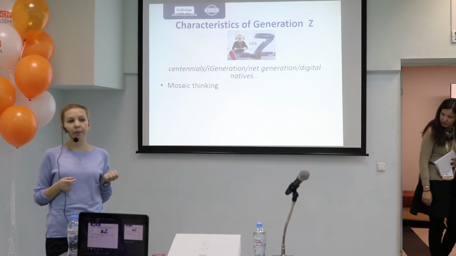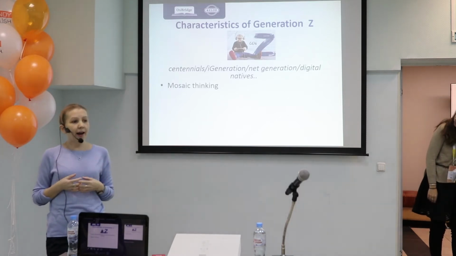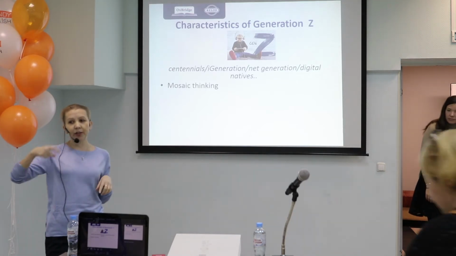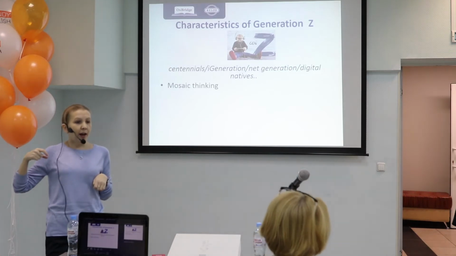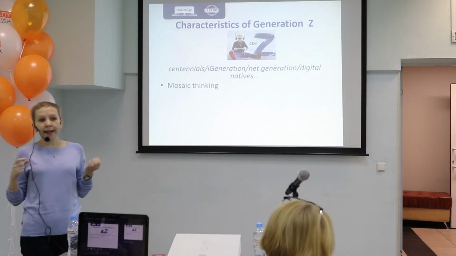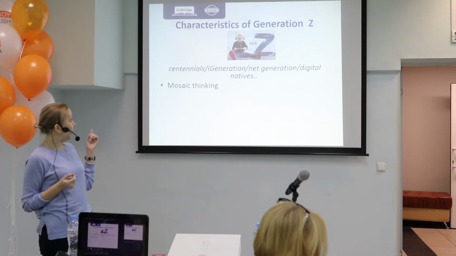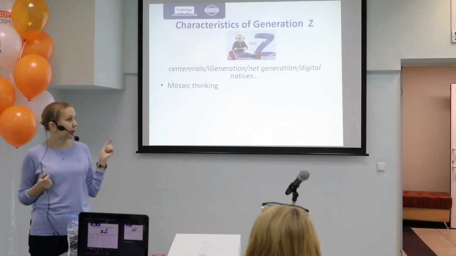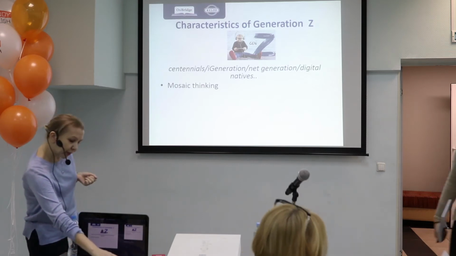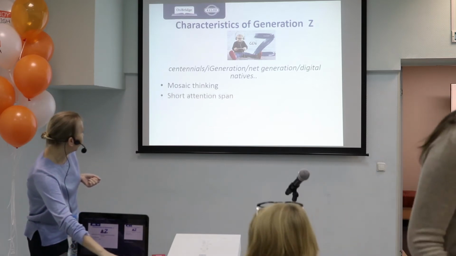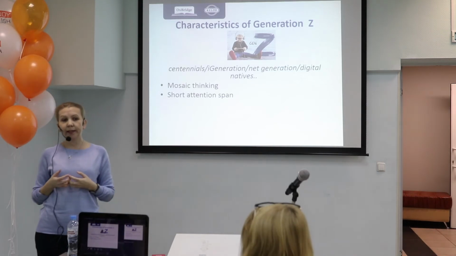They perceive it mostly visually and as a succession of unrelated visual images, just like in a video clip. That's why, by the way, the Russian equivalent of this term is клиповое мышление.